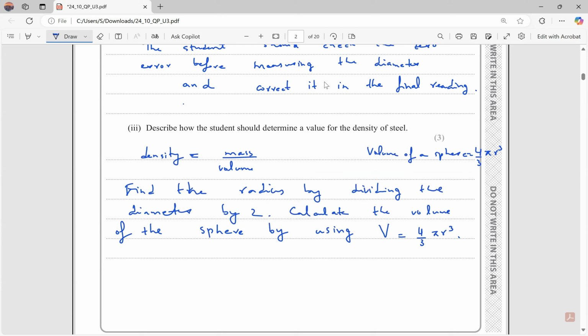And then we have the mass. How do we find the mass? There's no information given related to it. So the student can just measure the mass of the steel sphere by using a balance.